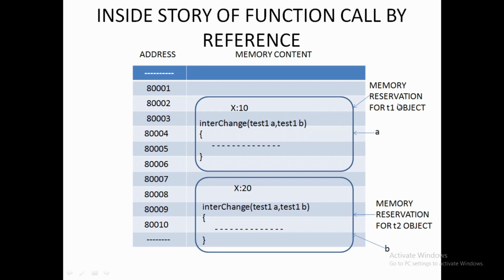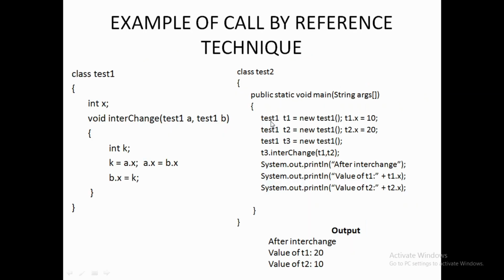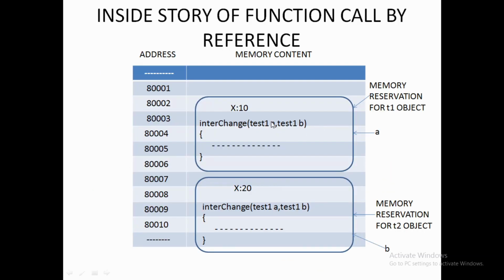Whenever we create an object, the required memory gets reserved, as we know from my previous lectures. Therefore, whenever we created the T1 and T2 objects of the test1 class, the required amount of memory got reserved. Here, this is the memory location for T1 and this is the memory location for T2.